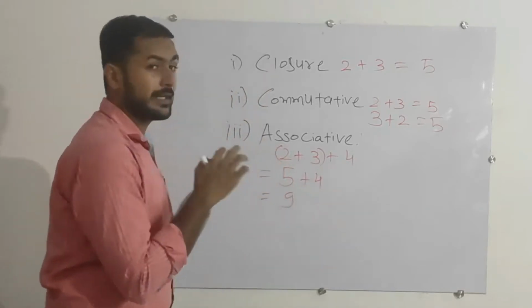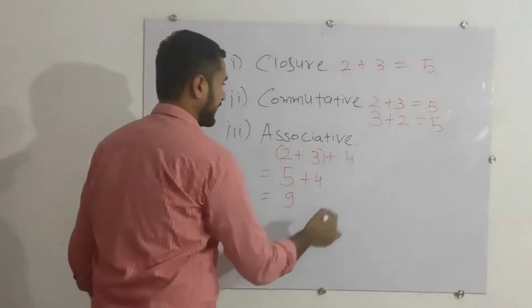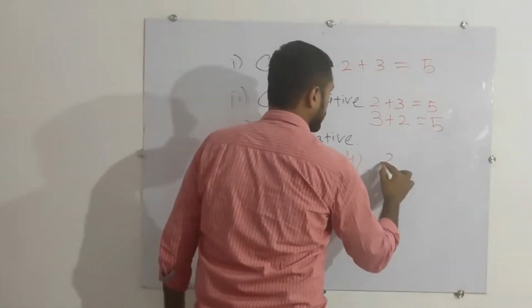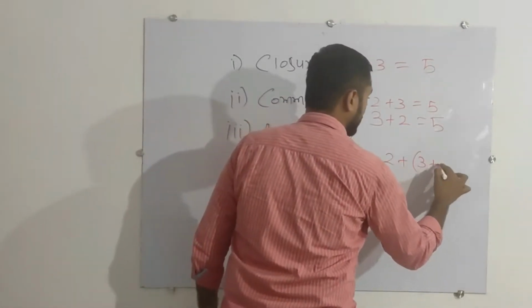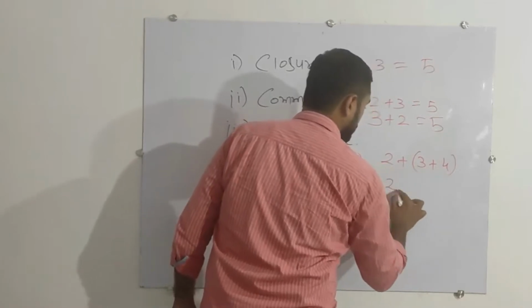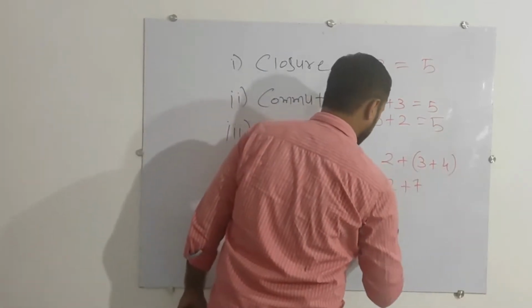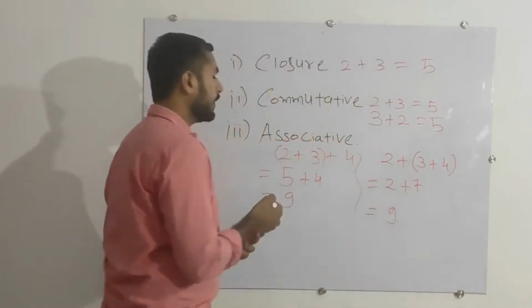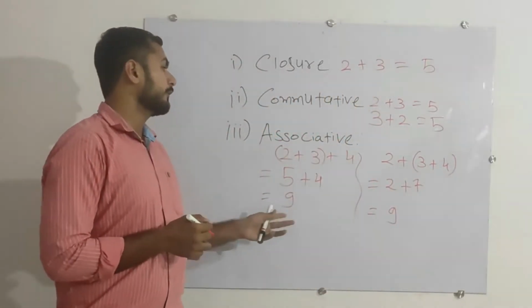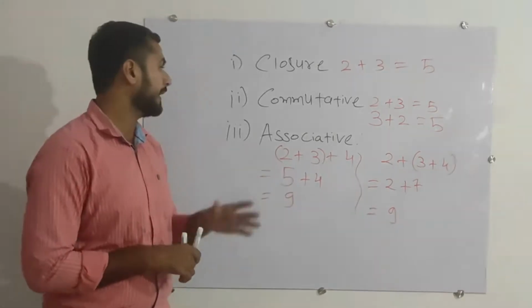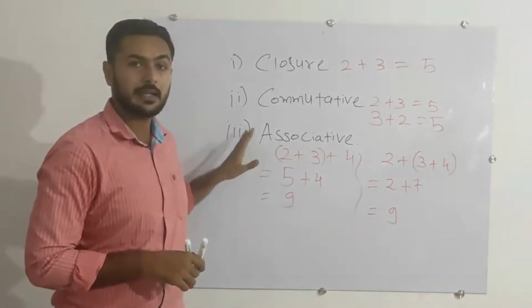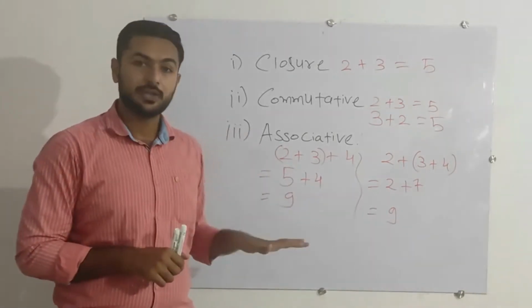Now again I have to change the group. So 2 plus 3 plus 4, 2 plus, solve the bracket first. So that is 7. 7 plus 2, that is 9. Here we got the same answer both ways. It means natural numbers are associative under addition.